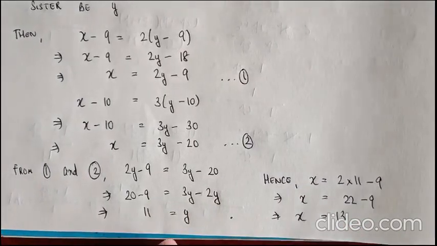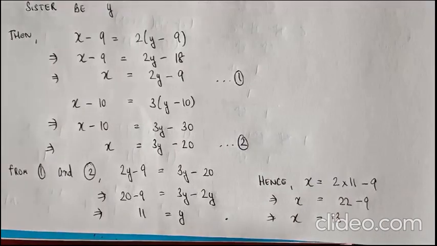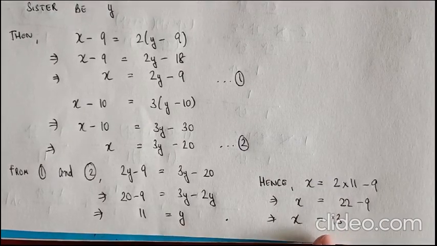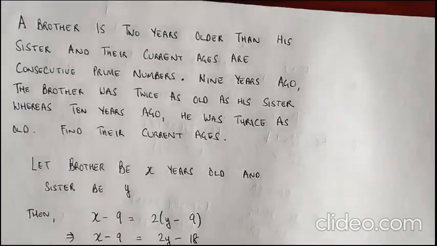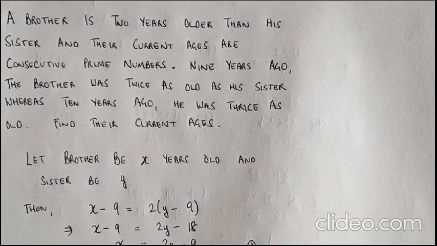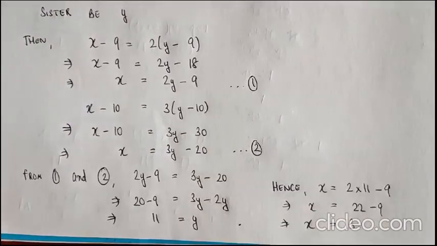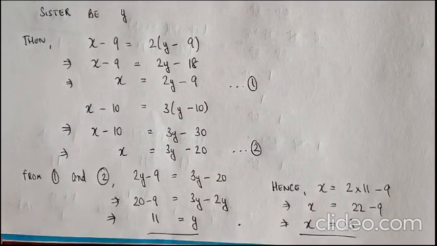So the brother is 13 years old and the sister is 11. And are these two consecutive prime numbers, as this question asks? Yes, they are both consecutive prime numbers as well, right?